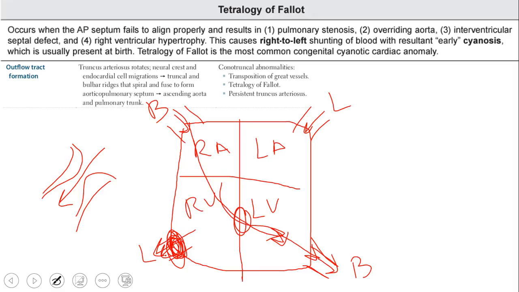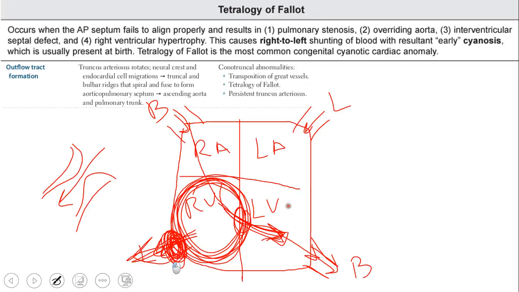So this causes a right to left shunt, which is what I showed there. And the last thing is right ventricular hypertrophy, which makes sense. This ventricle is having to push blood through a tiny little hole, so it has to get really, really strong and thick in order to have enough power to squeeze the blood through that tiny little hole.